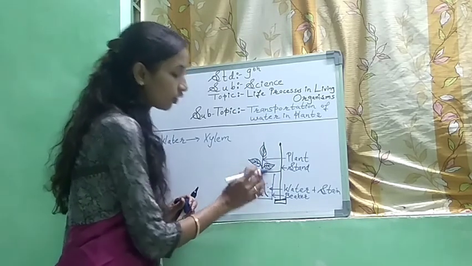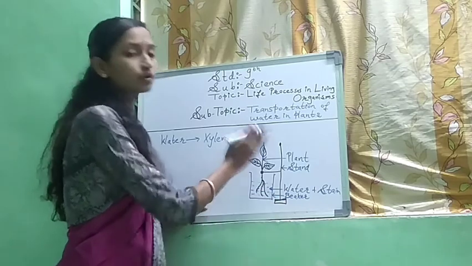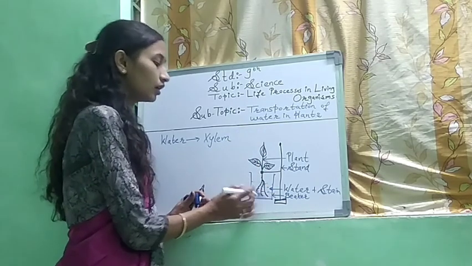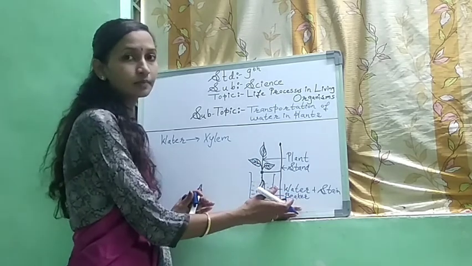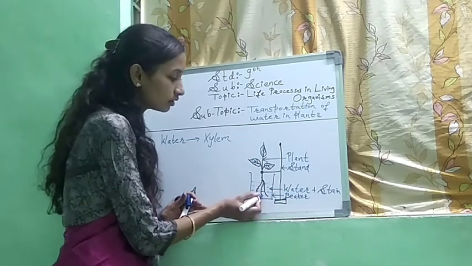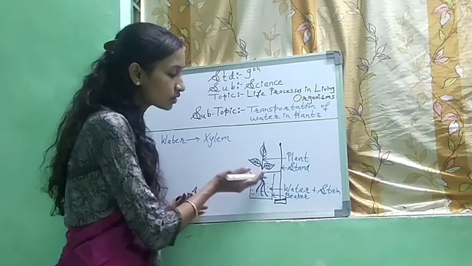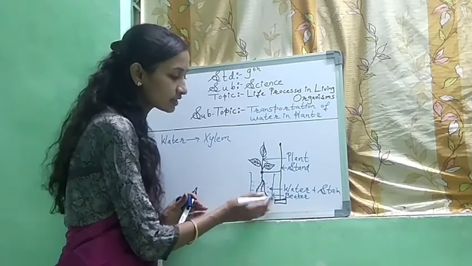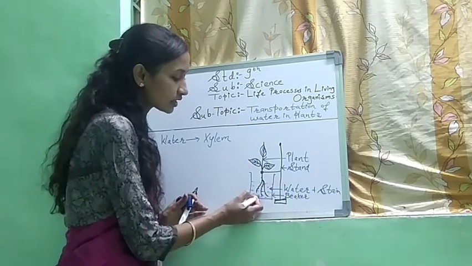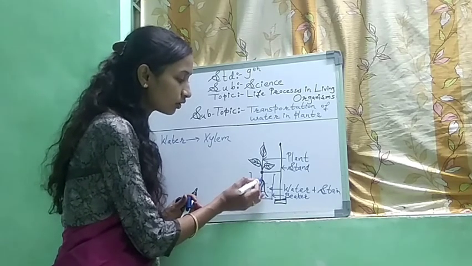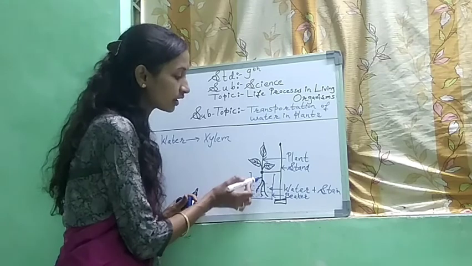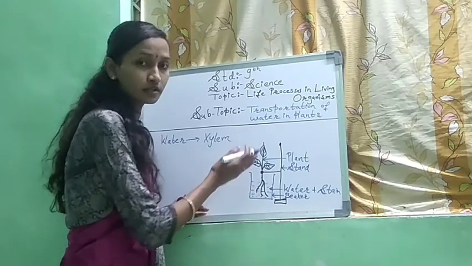So what is happening here? Transportation of water is happening and we are visualizing it with the help of this stain. As the water molecules move upward, this water contains eosin or safranin, which is red in color. That's why the cells are also getting red as the water is conducted upwards.